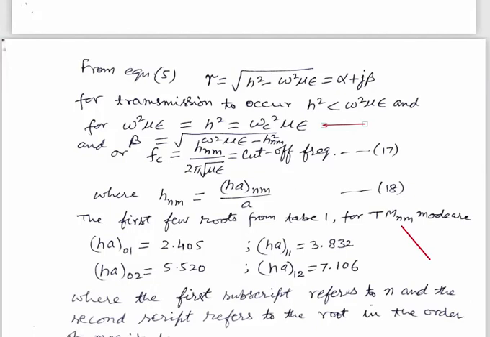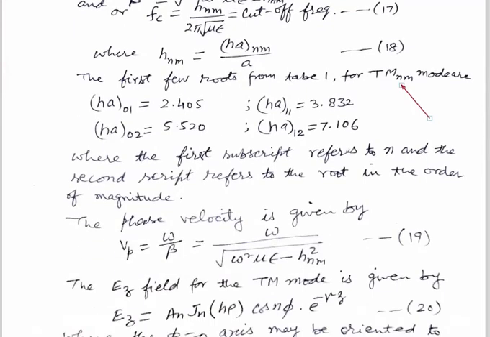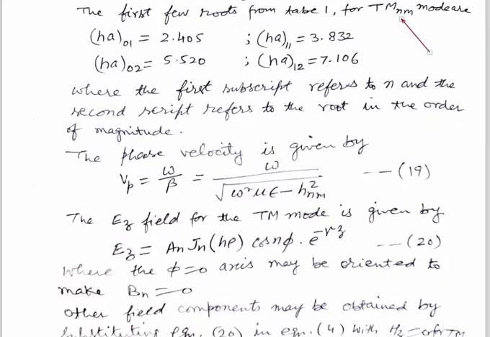So here in the TMnm, the first subscript n and the second subscript m refer to the root in the order of magnitude, and n is also the order of the Bessel function.